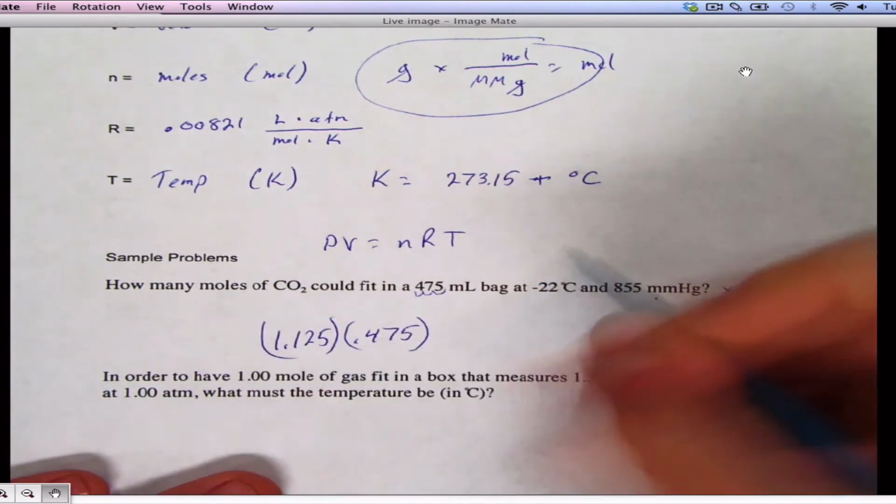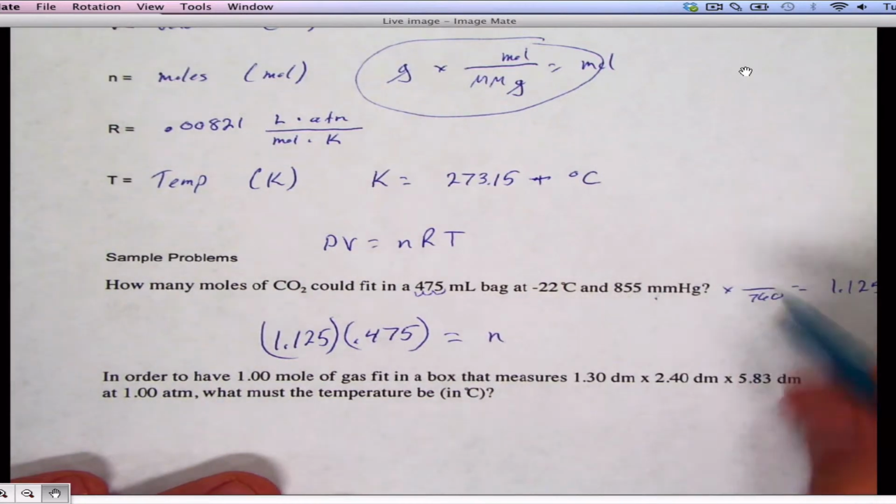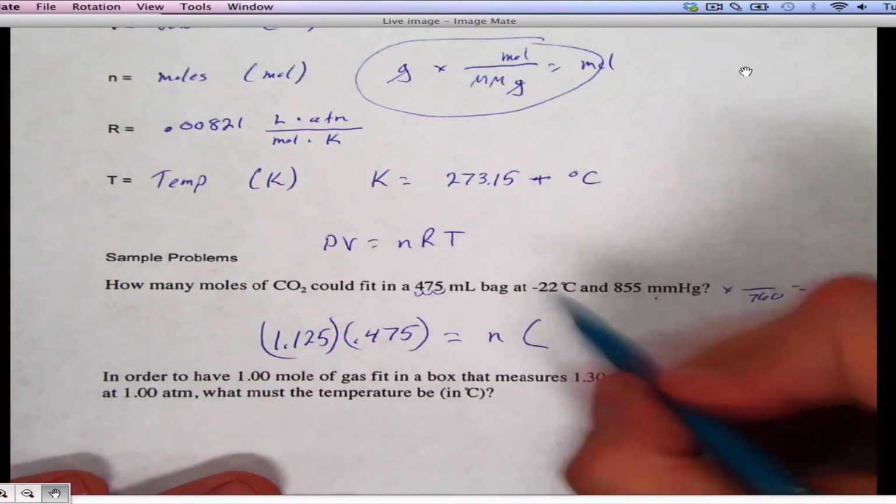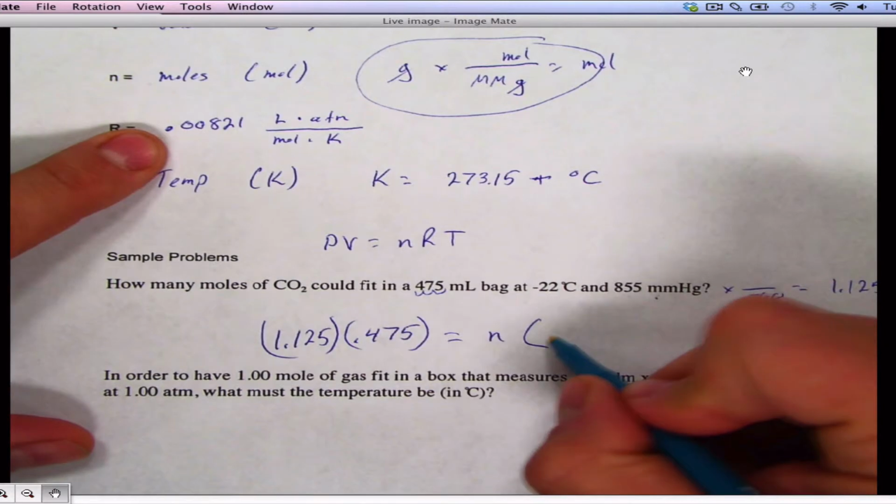Plug that in for pressure. It is equal to my number of moles, which I don't know, times R, my constant, which is already given to me.